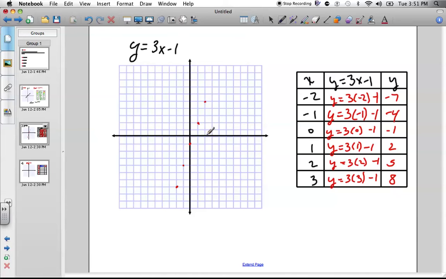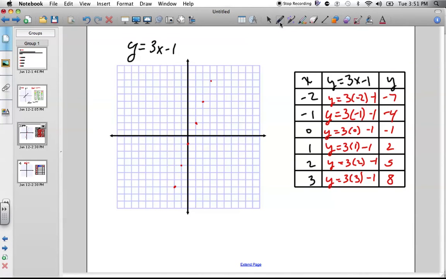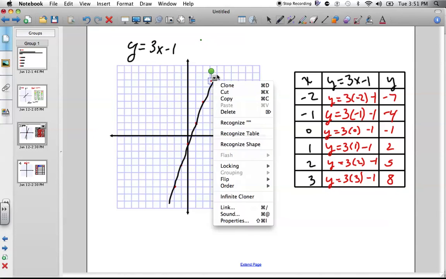And 3, 8. And now we can connect our points. We have a nice linear function.